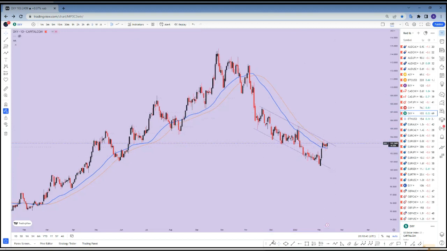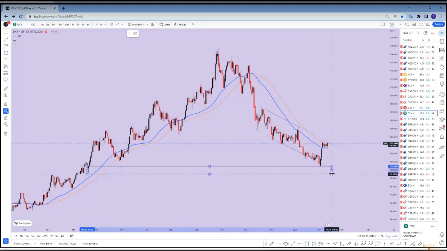This is the daily time frame DXY. We've seen the reaction that's begun from around this zone here. I think it was this other block. So we've seen this movement.